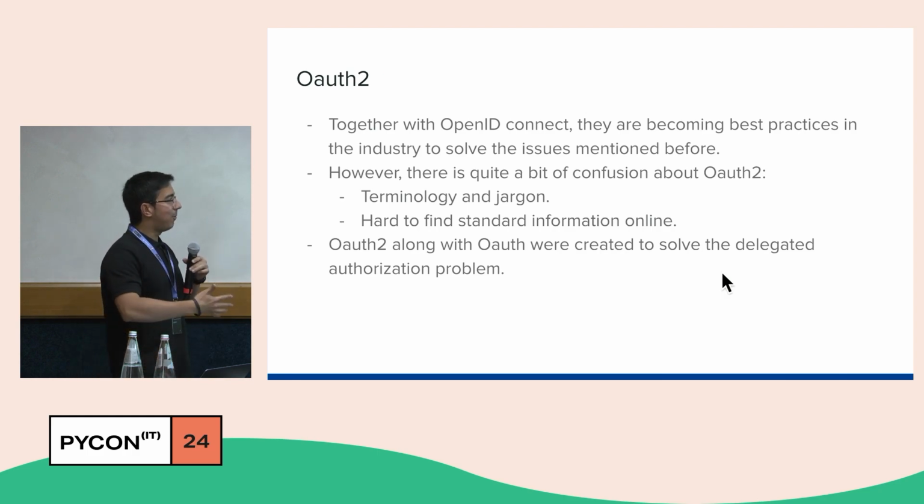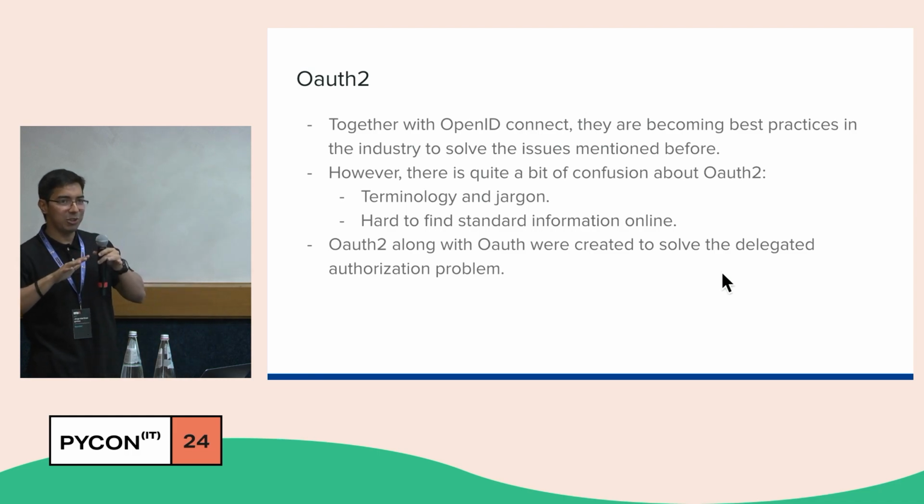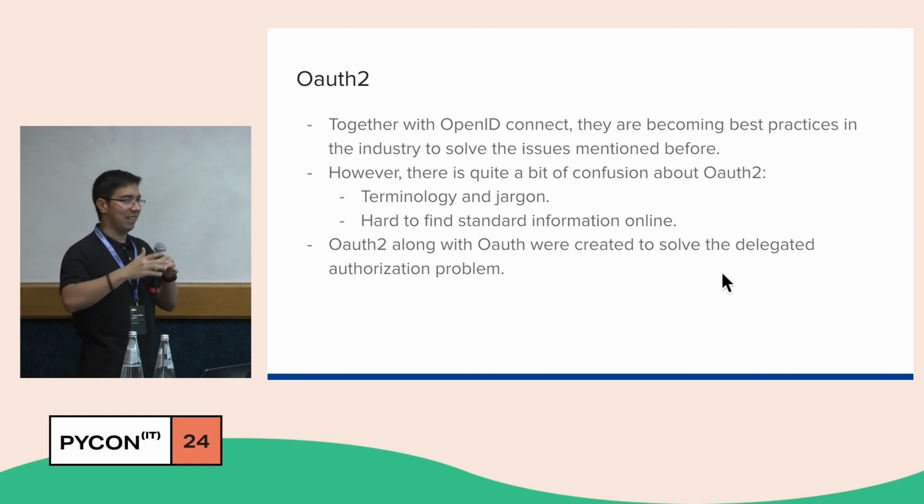And it's hard to find standard information online. The problem is that historically, the protocol was released, but each company or organization, like LinkedIn, Facebook, Google, has its own implementation of that protocol, and sometimes some terms and parameters change. So it's quite complicated to see which one is the standard one.